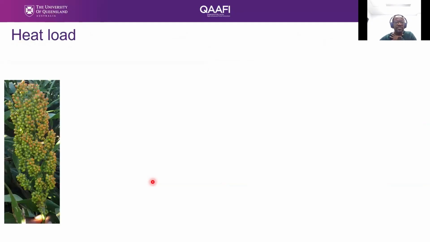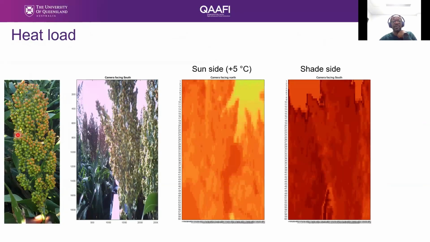The other point we looked at was the heat load. This is noted because for any panicle in the field, we noticed that one side of the panicle was maturing at a faster rate than the other. We set up some thermal cameras in the field, and we noticed that the side of the panicle facing the sun was always warmer than the shaded part, up to 5 degrees hotter.